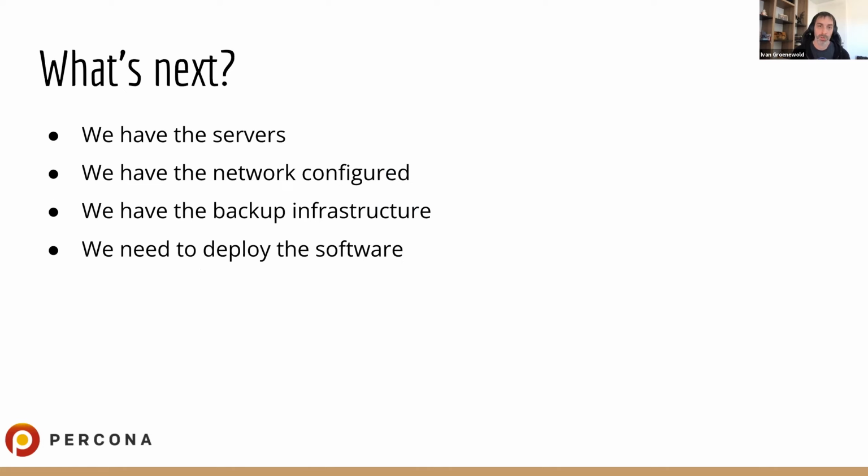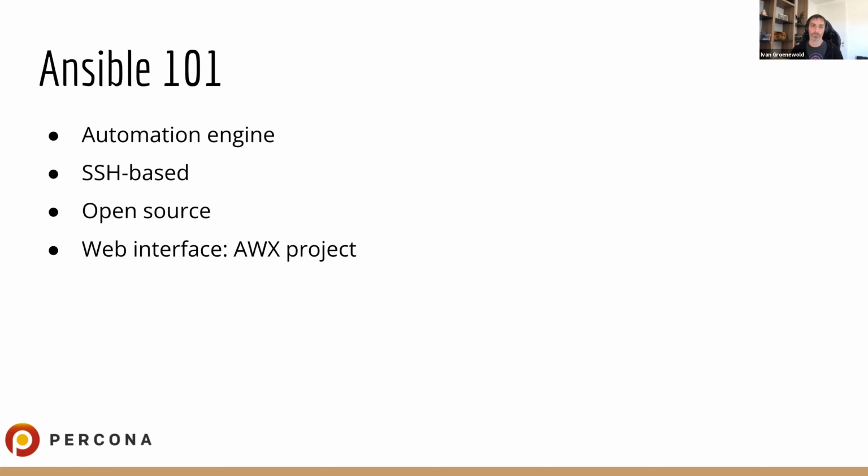So at this point, we covered how to provision the different parts, but now we have to deal with the software installation, okay? So let's see how we do this. As I said before, we're going to be using Ansible for this. And Ansible is, first of all, an automation engine. You can use it for provisioning software, configuration management, things like that.